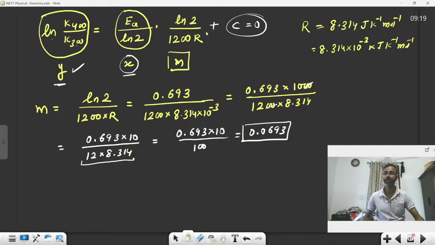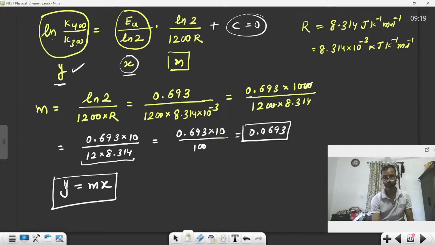There is no C. There is no intercept. There is only slope. So it is y equal to mx only. Equation is y equal to mx only. There is no C. Okay. Got it, beta?